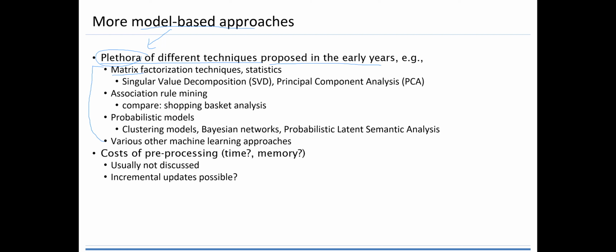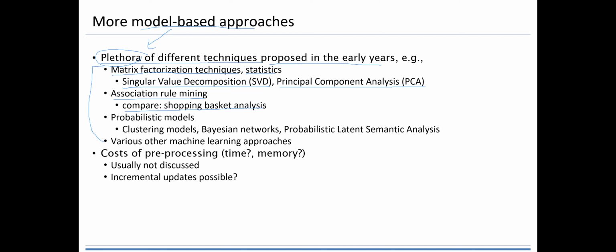For example, they tried to use matrix factorization techniques, or what they call statistics: singular value decomposition, SVD, and principal component analysis, PCA. Those are some of the techniques that we can use to produce some values. And some people tried to use association rule mining.